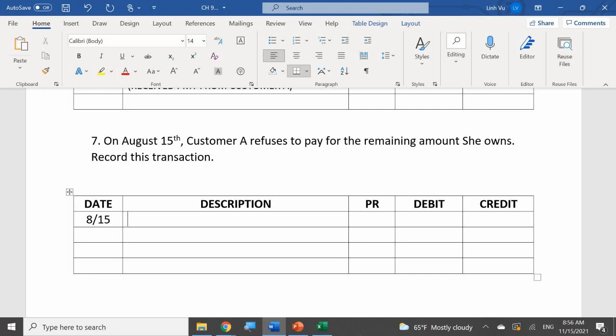Not bad debt expense. That's towards the end of the year when there's an estimated amount. In this case, we know exactly who. We know exactly that customer A on August 15 owes us exactly how much. So in this case, this is during the year. Allowance for doubtful accounts.